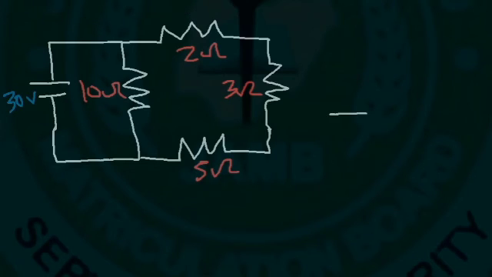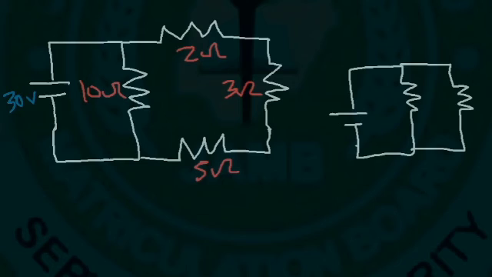So we can simplify our circuit like this. Whenever we have resistors in series, you can add them. 2 plus 3 plus 5 is 10. So we have two resistors that have a value of 10 ohms.